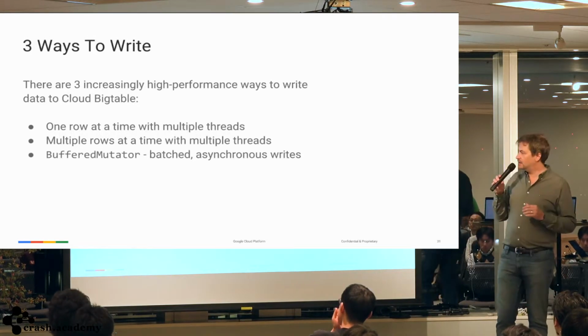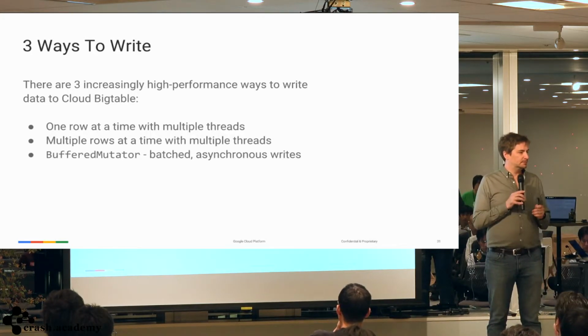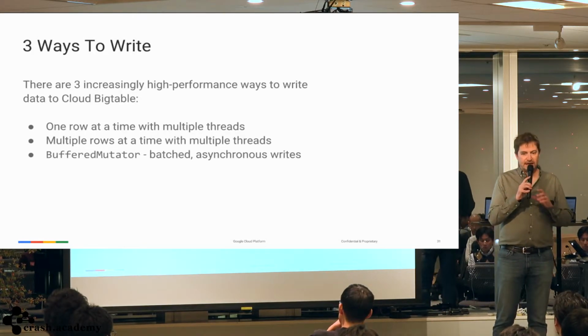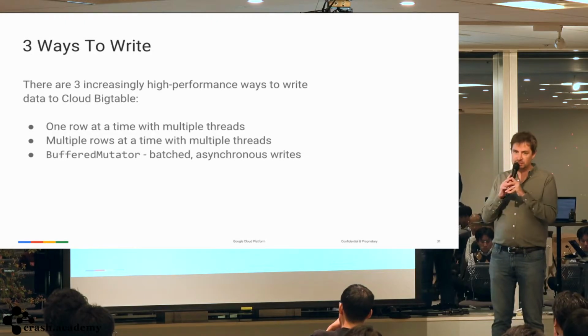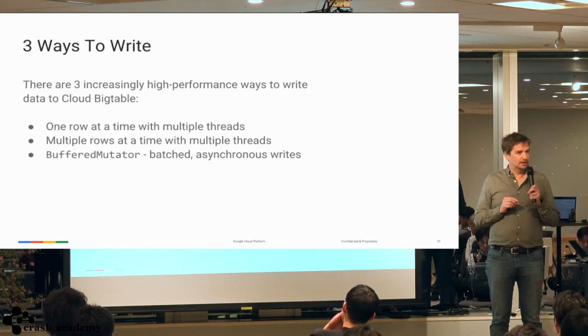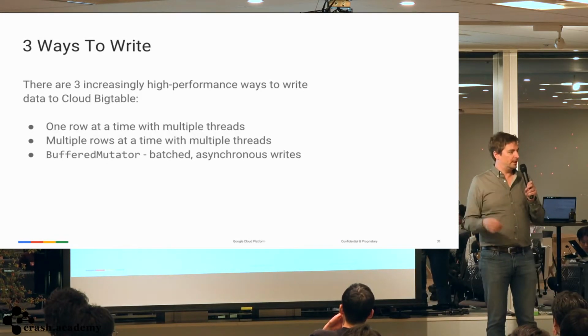We've built a custom way to do this. It uses the HBase buffered mutator interface, and this is very fast. You just write to it and it returns right away.